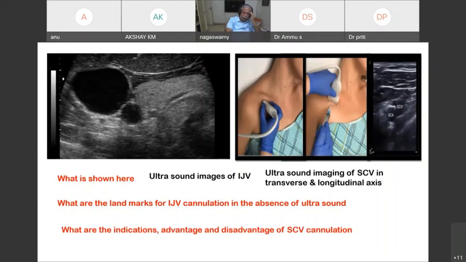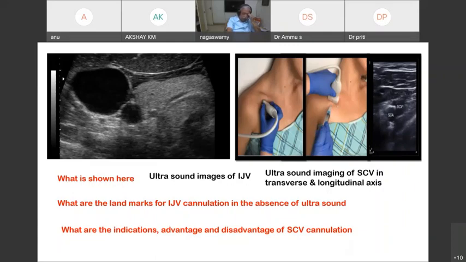So what are the indications, advantages, and disadvantages of subclavian vein cannulation? What is the most important indication? Is it for temporary use or for long-term use? Prolonged ventilation patients who are prone for tracheostomy. So long-term usage: neurosurgery patients or parenteral nutrition patients.